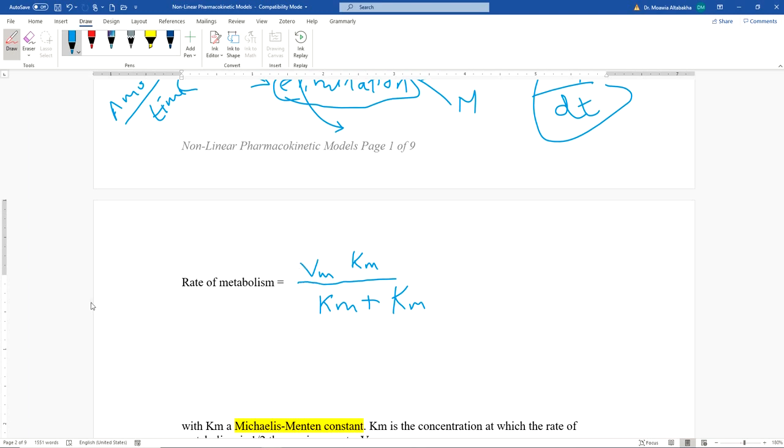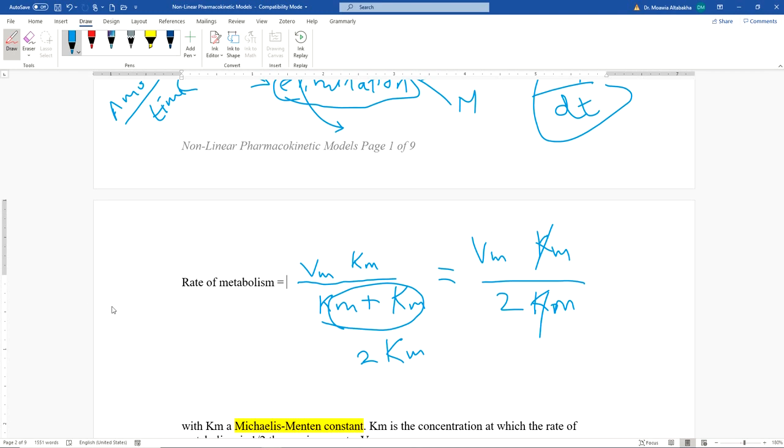This will be 2 Km, right? So you have Vm times Km divided by 2 Km. Km cancels with Km, and we get Vm over 2, half the Vm.